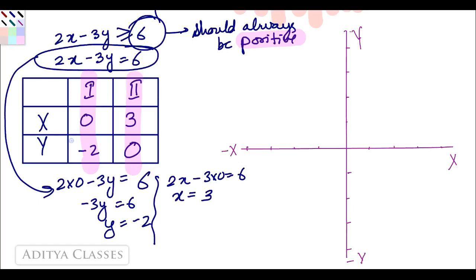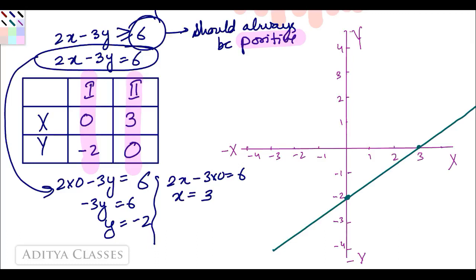So my first point is 0 and minus 2, that is x is 0 and y is minus 2. Let us put them 1, 2, 3, minus 1, minus 2. Here we have 0 and minus 2. This is our first point. Then we have x 3 and y 0. So this becomes my constraint.